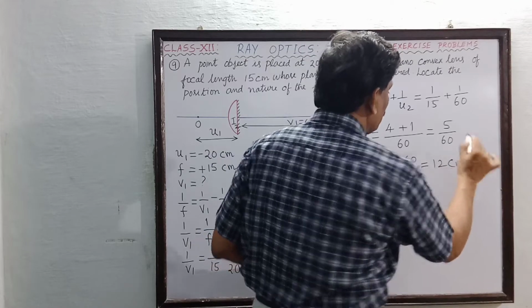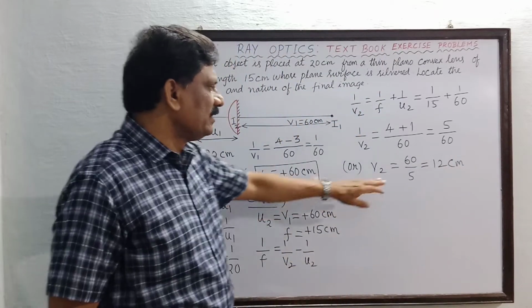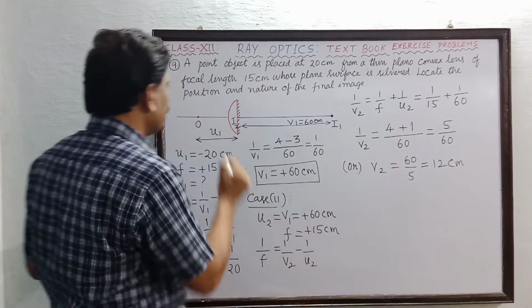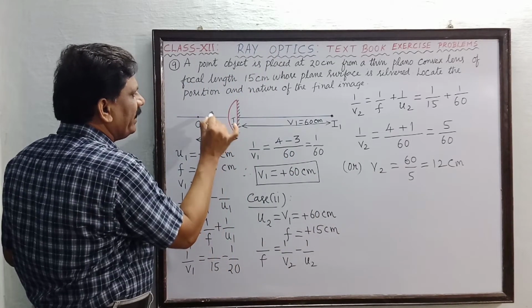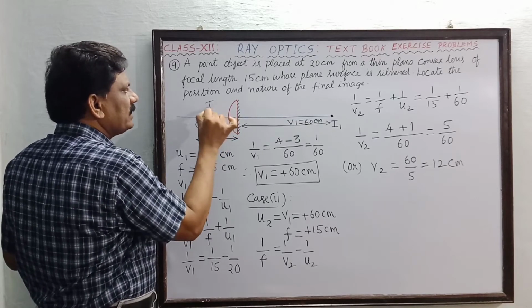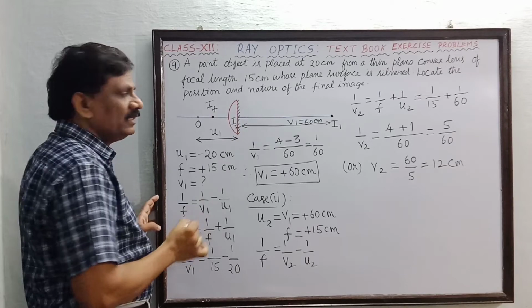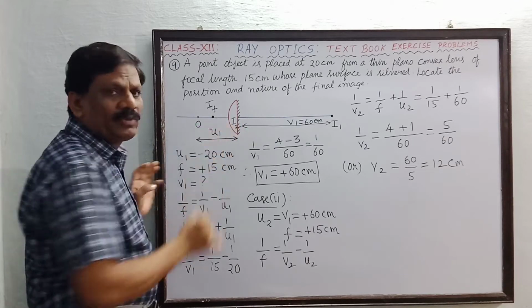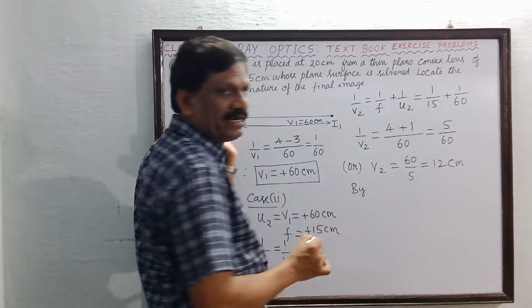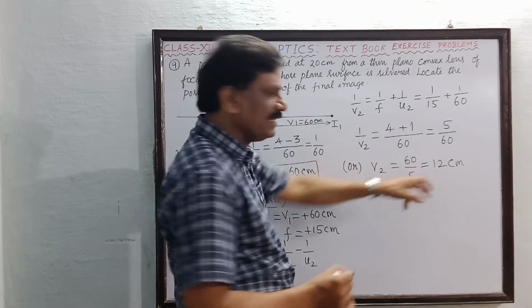12 centimeter. So this is the final image which is actually formed on the left side. This is I final, formed at a distance of 12 centimeter. By sign convention, since it is formed on the left side of the lens, this must be minus 12 centimeter.